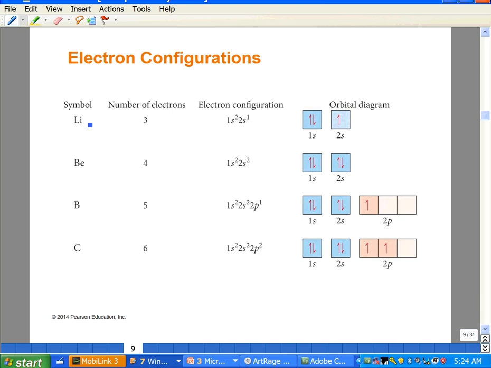We have lithium, beryllium, boron, and carbon, with notations already done that you can go back and refer to. These are also in your book. If you get confused, you can always go back and refer.